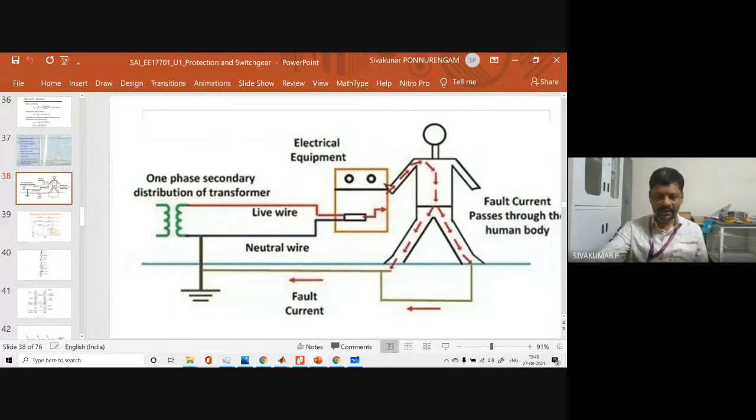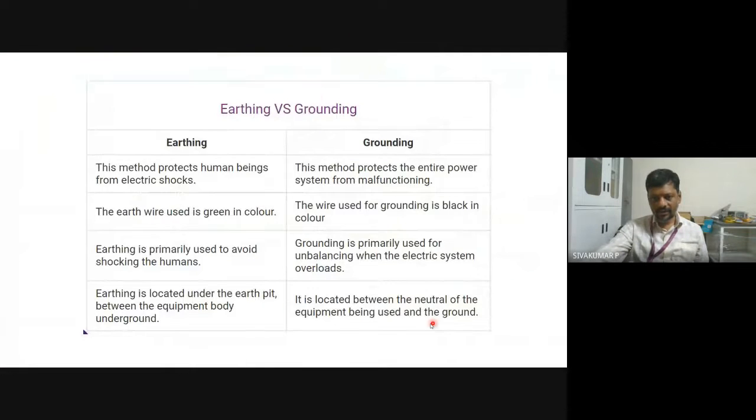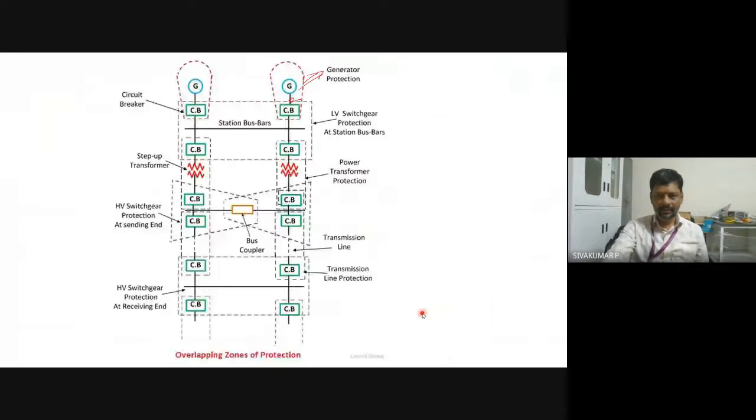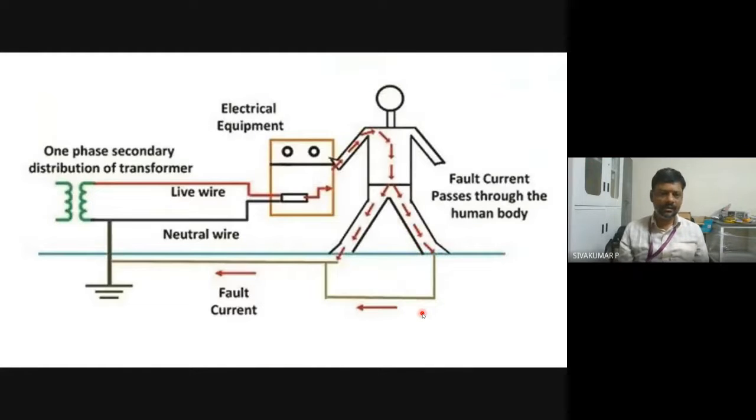Yes, please see this slide. This is the human being. This is the live wire, this is the neutral wire, which means the one-phase secondary distribution. This is one distribution transformer. The distribution transformer output is one phase and another one neutral. As per the suggestion, the neutral is grounded using the ground wire.